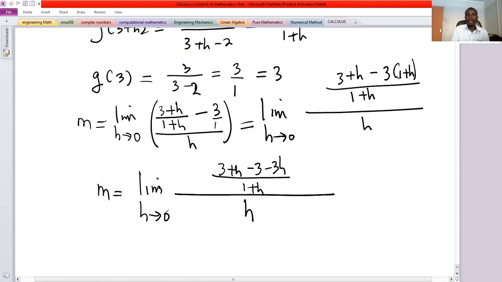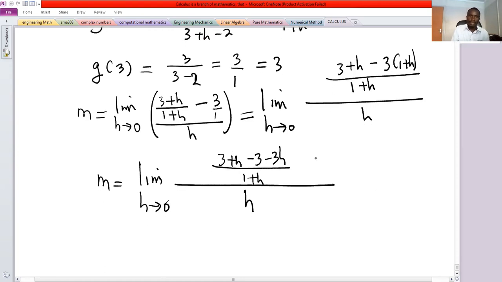I'll just open these brackets here. And you see 3 minus 3 is 0. So this is the same as saying the limit as h approaches 0 of h minus 3h, which is minus 2h, over 1 plus h, divided by h.